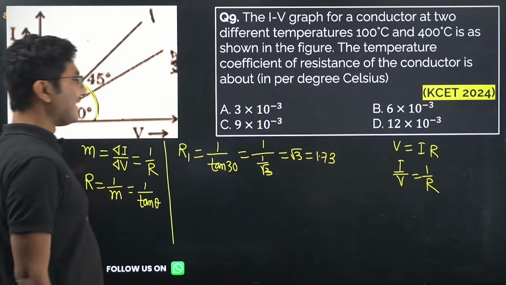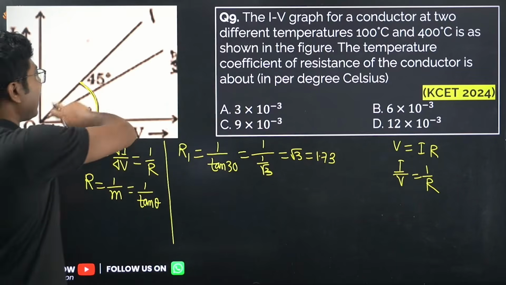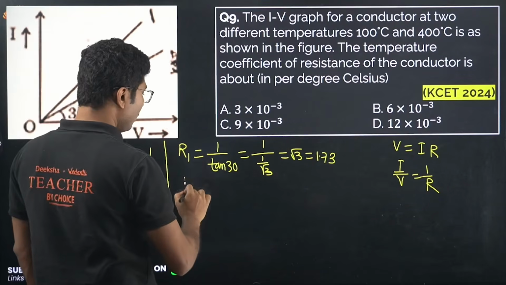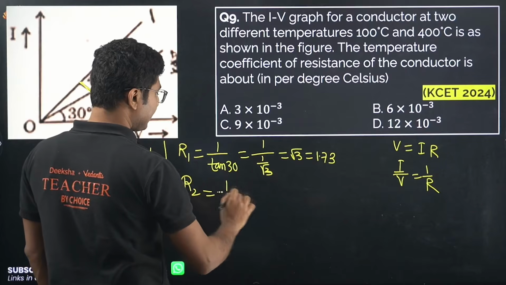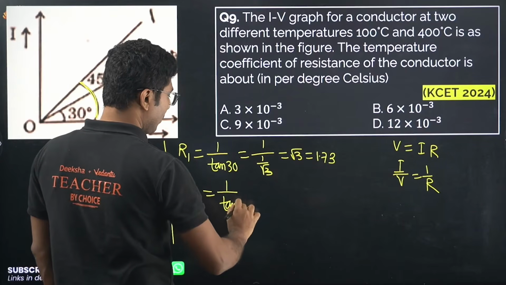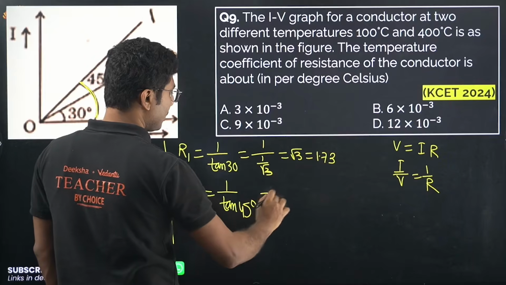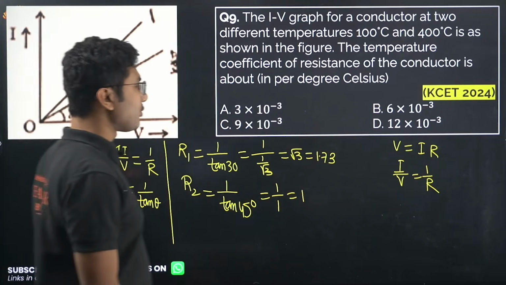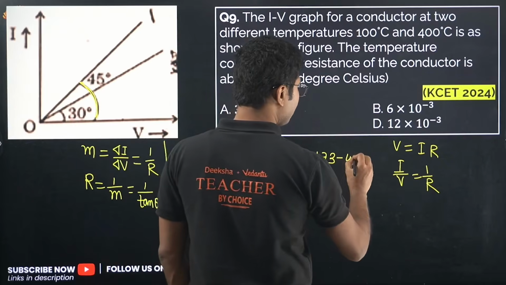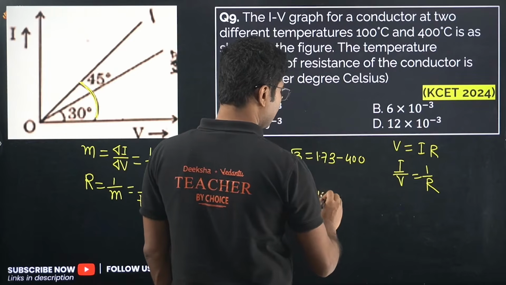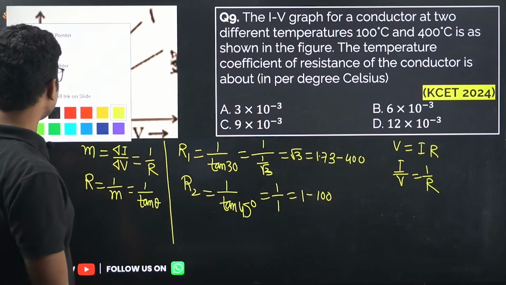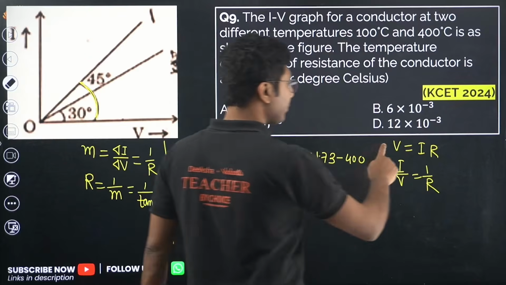So this is the resistance R1 for line 1. What about line 2? For line 2, the resistance is 1 by tan 45 degrees, which is 1 by 1, that is 1. So which one corresponds to 400? This one corresponds to 400, and this one must correspond to 100. Why? Because the higher the resistance, the higher the temperature should be; the lower the resistance, the lower the temperature.